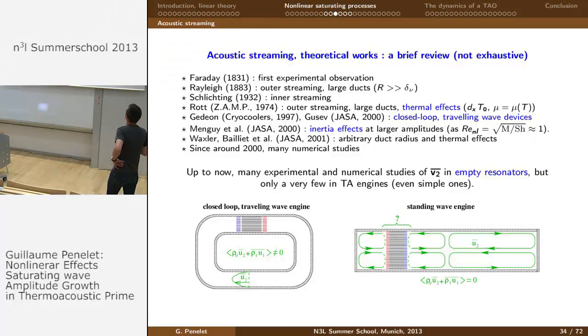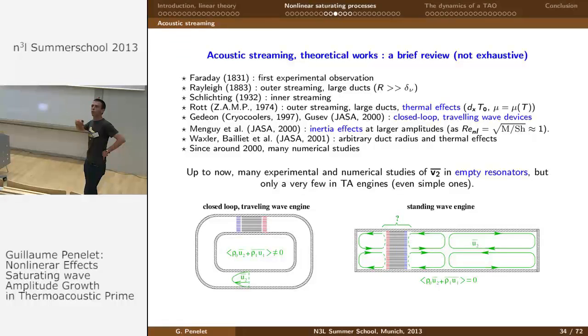What we know also is that the description of acoustic streaming is different in the case of a closed-loop traveling wave engine than in the case of a straight duct. Because in this kind of thermoacoustic engine, the existence of a closed-loop path makes possible a unidirectional streaming mass flow that goes in this direction.